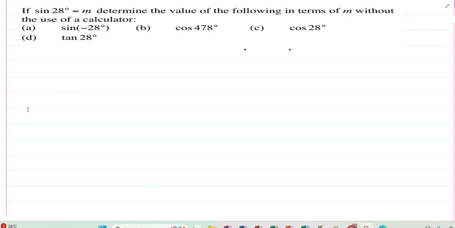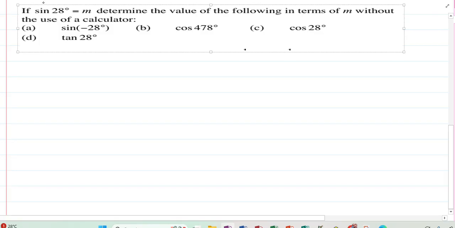Now moving on to another one. The question says, if sine of 28 degrees is equal to m, determine the value of the following in terms of m and without the use of a calculator.